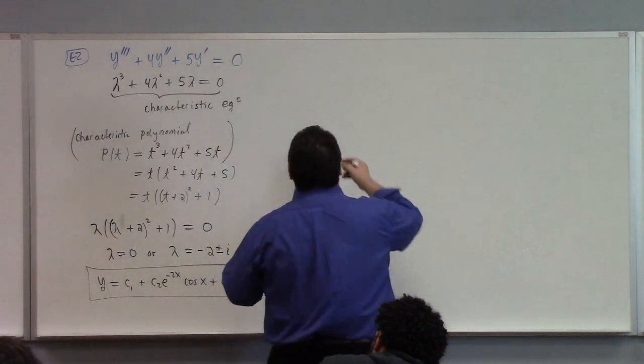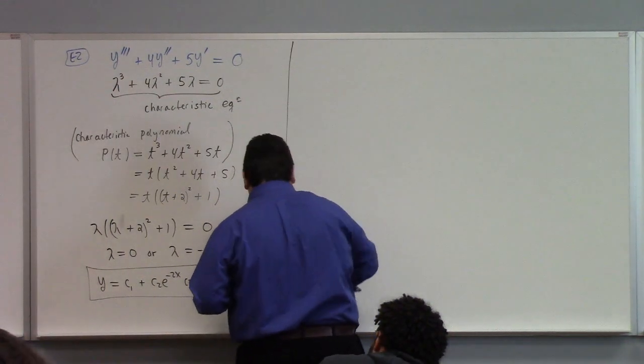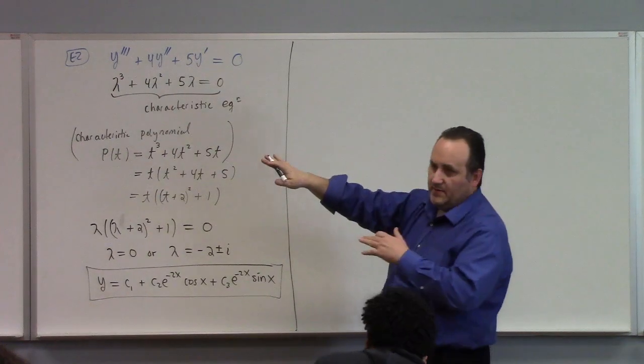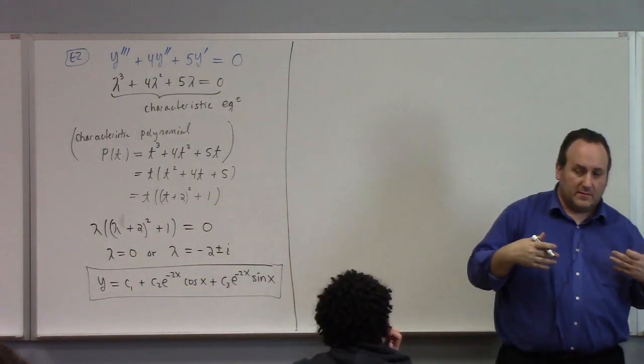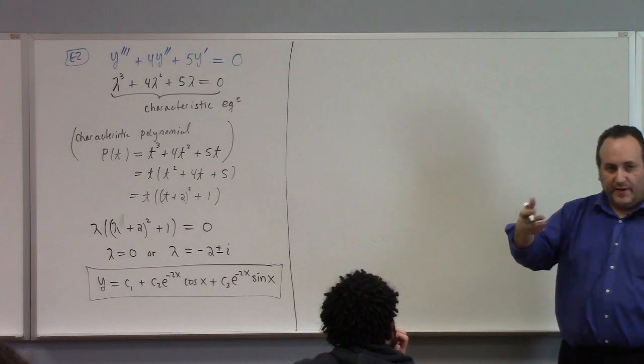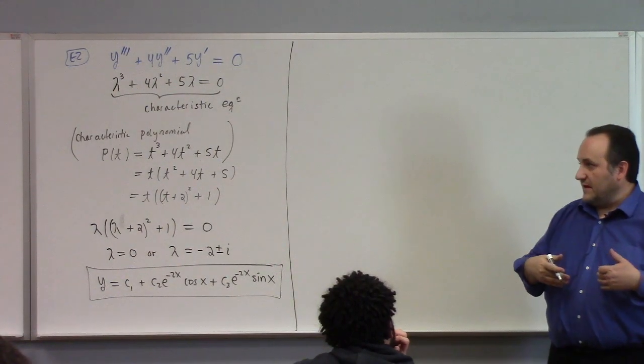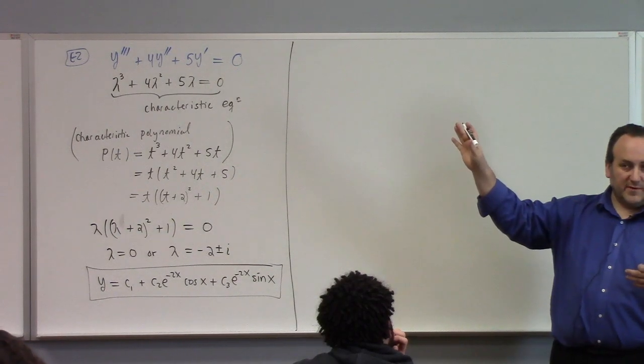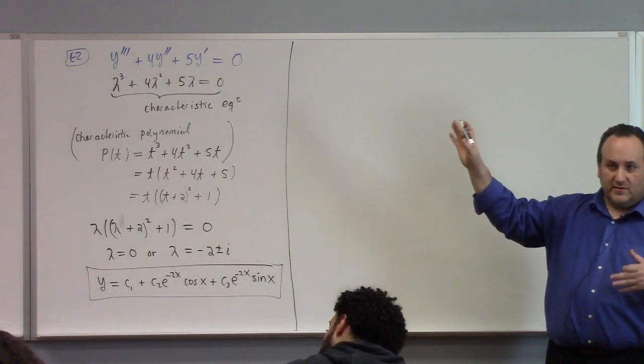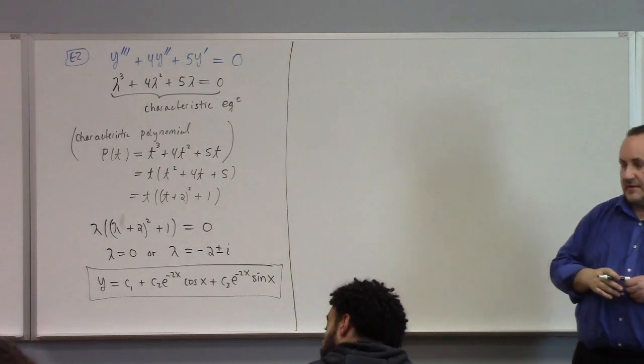Great. So with that settled, hopefully, part of the reason I have adopted the operator approach primarily is we're going to use it today to understand how to solve the non-homogeneous problem. All right, we're going to use it to understand that.